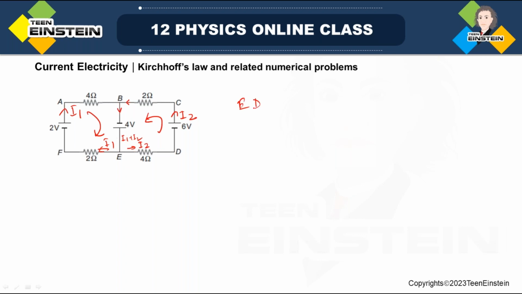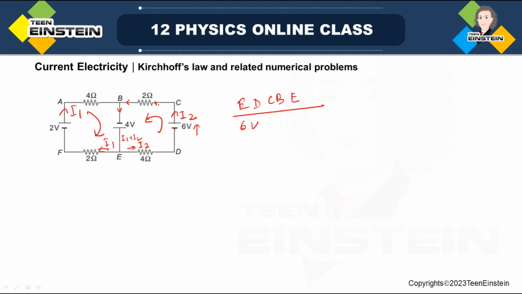That means we start with ED, then CBE. With this loop, what can we do? In this case we're going this way, so negative to positive, that means 6 volt. From here, I2 is going this way.